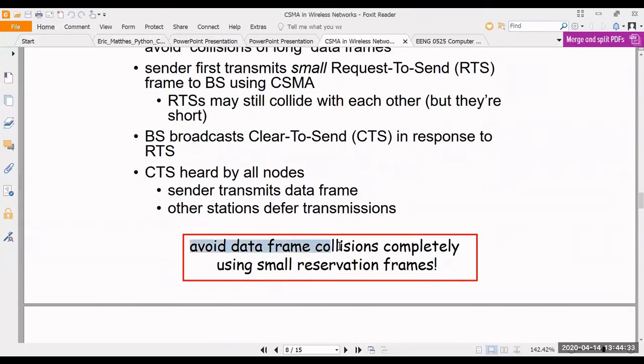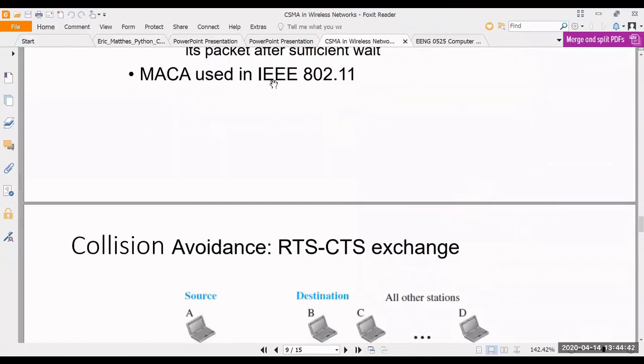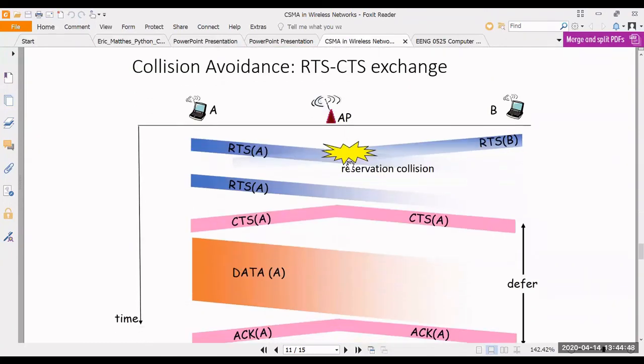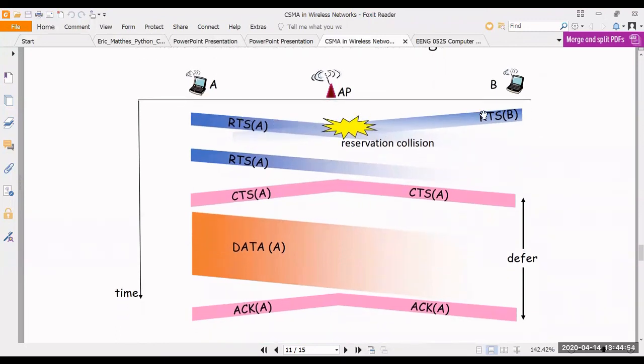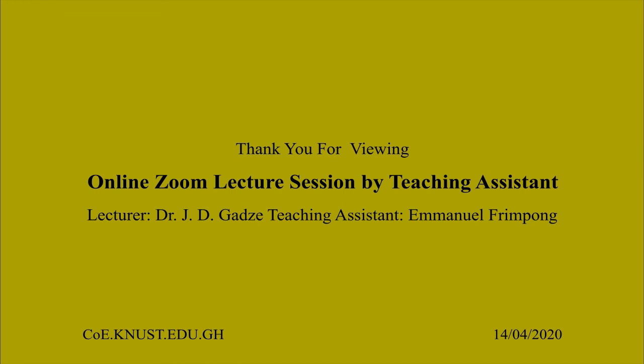Avoid data frame collision completely using small reservation frames. And that is what is implemented in the IEEE 802.11 standard wireless connections. So this is what I was saying: the possible collision we can have is the collision of RTS.